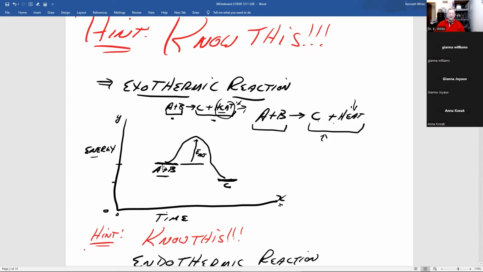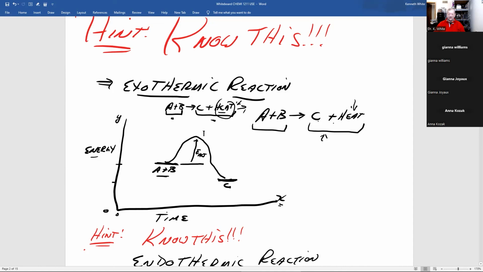And A and B, I arbitrarily say, has this amount of total energy. Now, because C plus heat has to equal A and B's energy, some of that energy is lost as heat, so C is at lower energy than A and B.